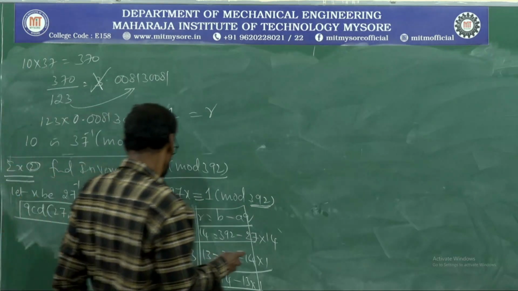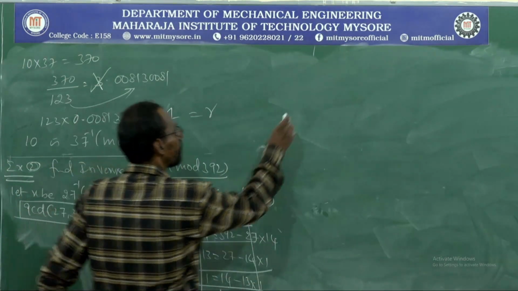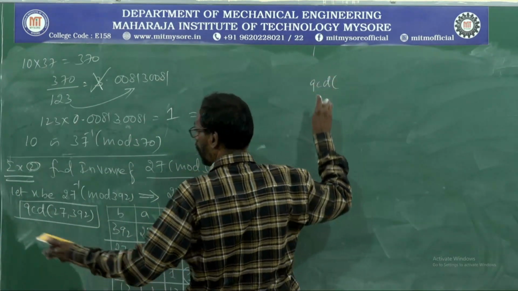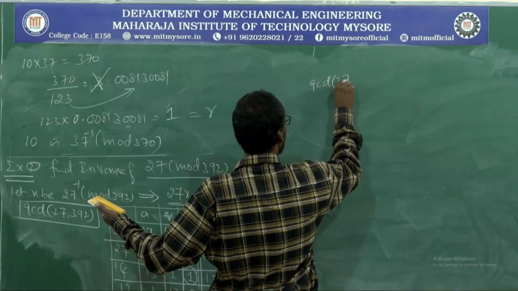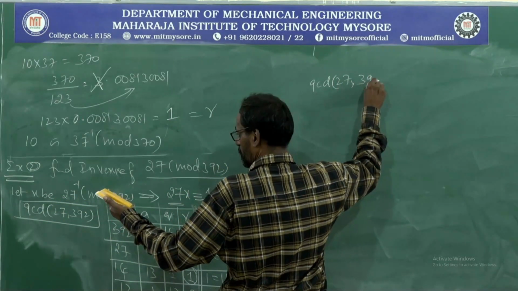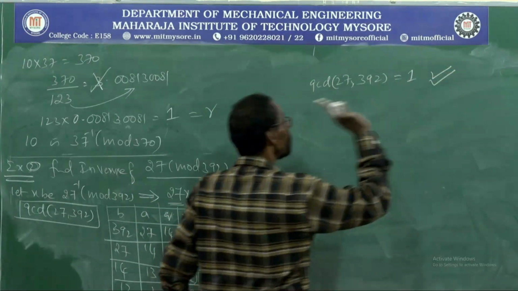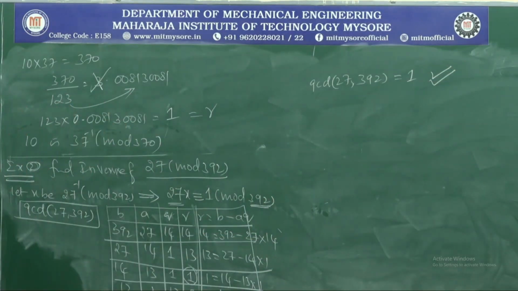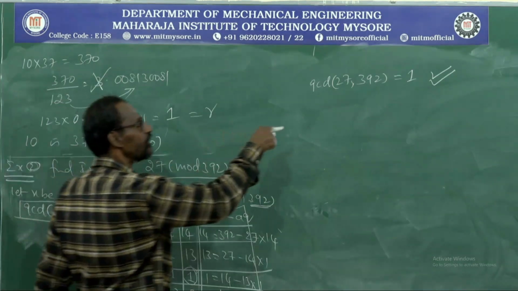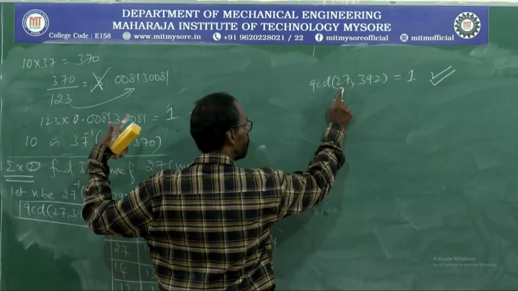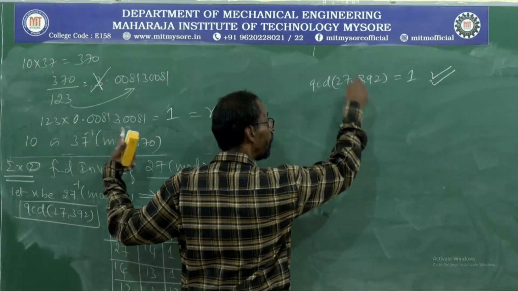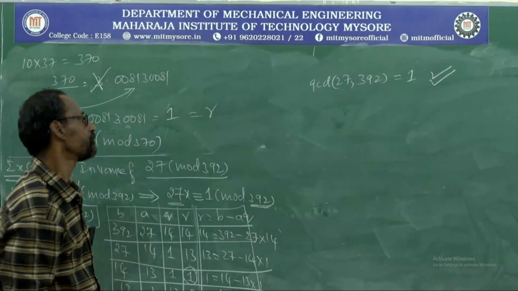I can write the GCD of 27 comma 392 equal to 1, which confirms there is an inverse for 27 under modulo 392.